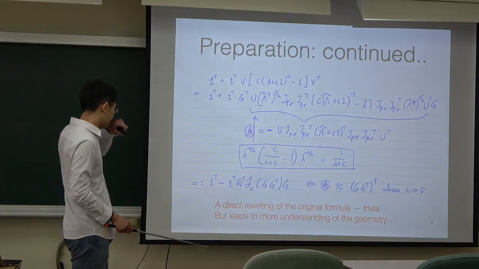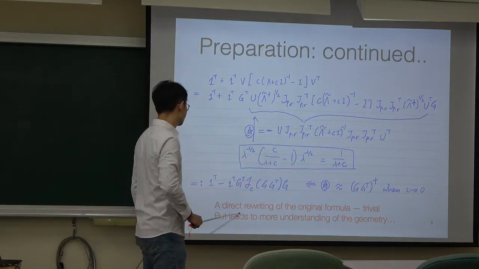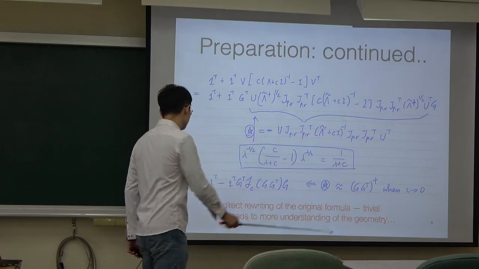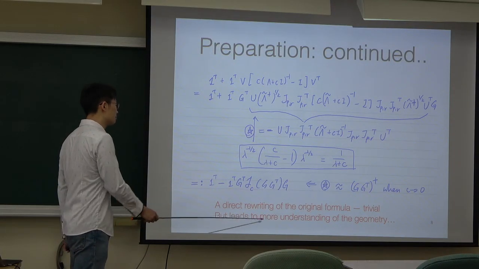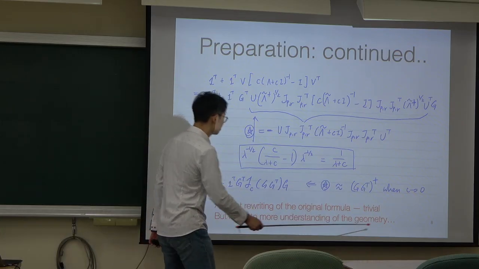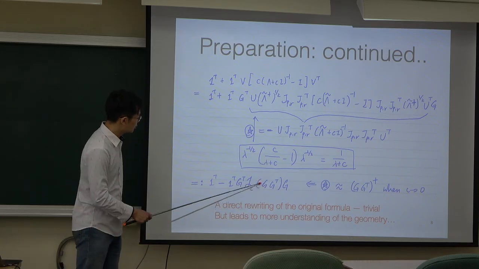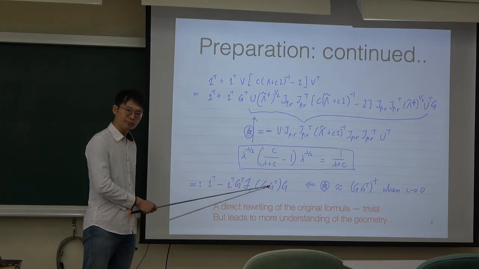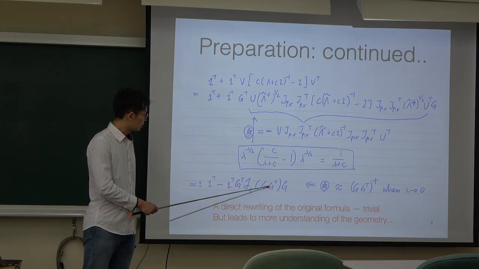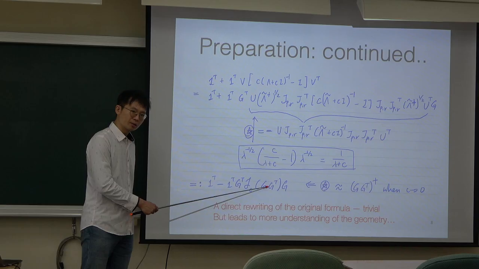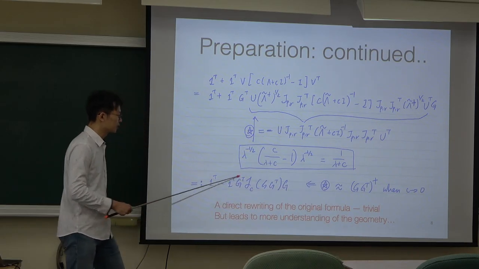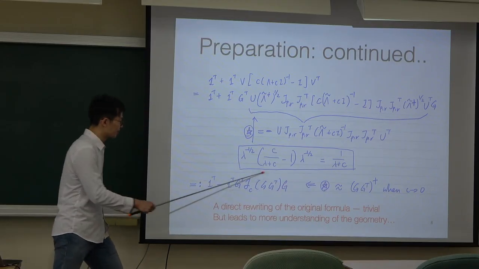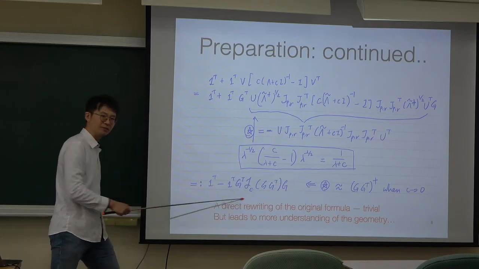So this is a direct rewriting of the original formula, which is technically trivial, but it leads to more understanding of the geometry. Again, this GG transpose encodes the tangent space information. So what we are doing is actually capturing the curvature. As we will see later, this actually captures the curvature.